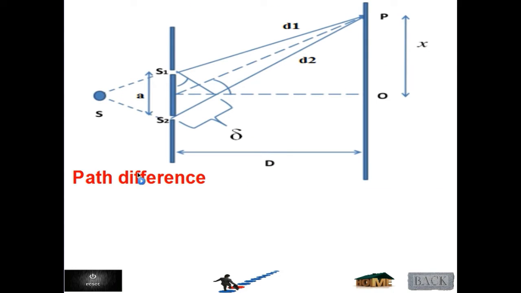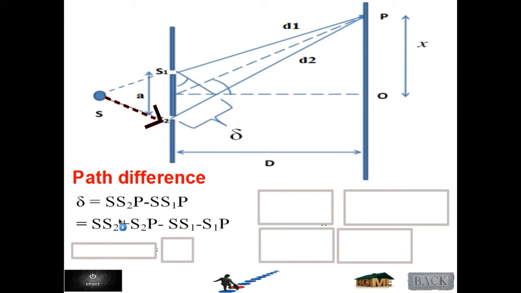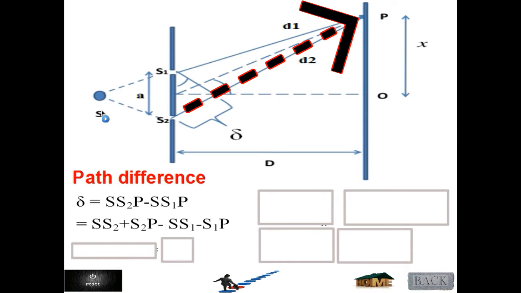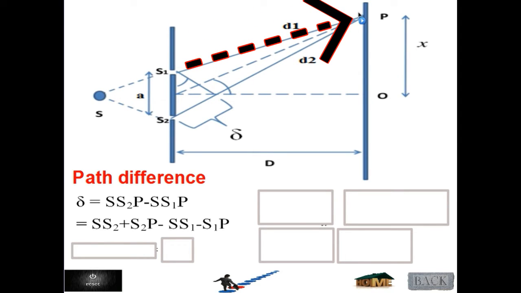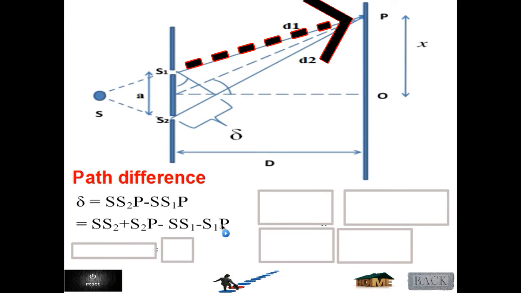The path difference is SS2P minus SS1P. We can divide SS2P into SS2 plus S2P, minus, and also divide SS1P into SS1 plus S1P, and we multiply both by minus, so minus SS1 minus S1P.